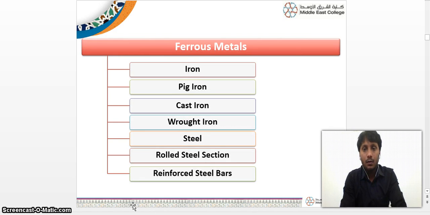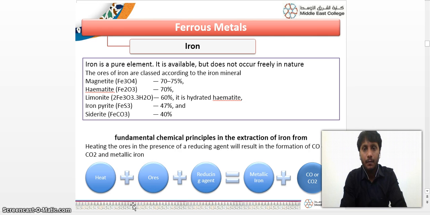So let's see what the ferrous metals are: iron, pig iron, cast iron, wrought iron, steel, rolled steel sections and reinforced steel bars. These are the different types of metals which come under ferrous metals when discussing engineering properties.